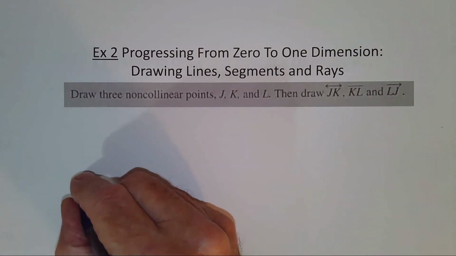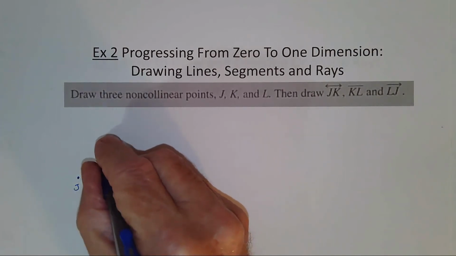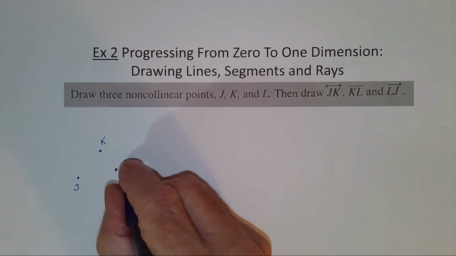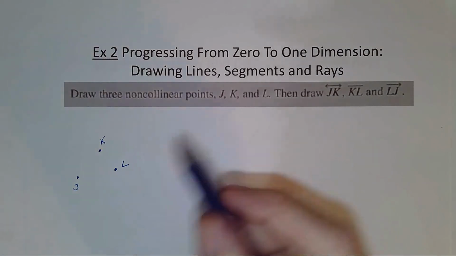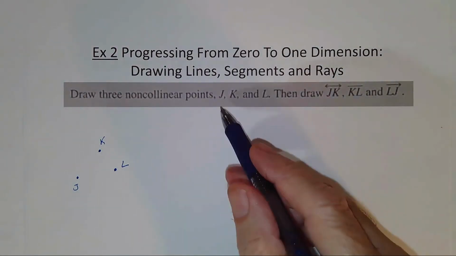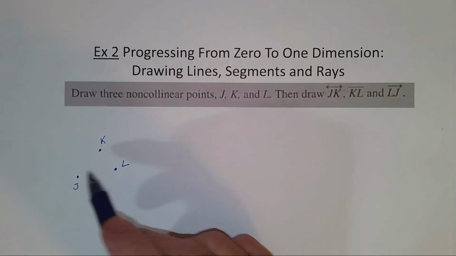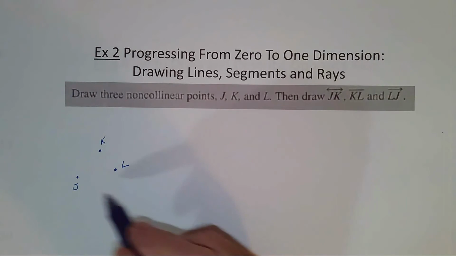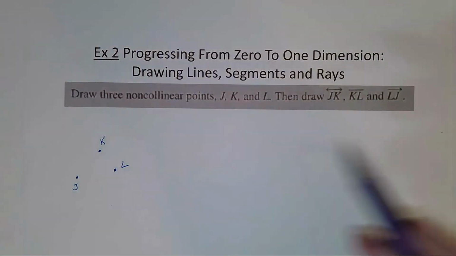I'm going to call this J, I'm going to call this K, we're going to call this L. So we just did that. Drew 3 non-collinear points. Now, why are they non-collinear? Well, they wouldn't share the same line, would they? I mean, two of them could. I could draw one through JK or KL or through JL, right?